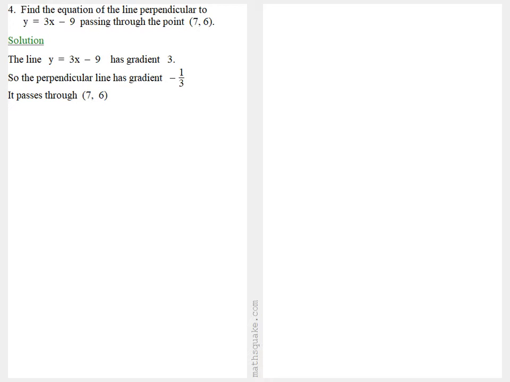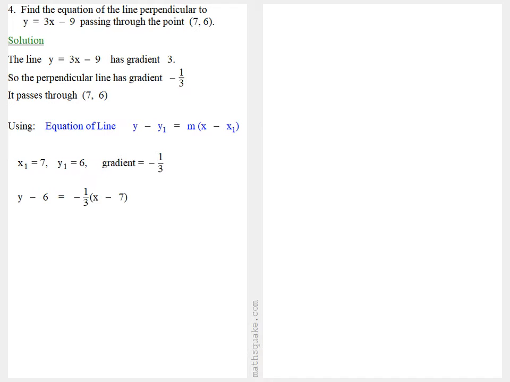And the line passes through (7, 6). So if we use the equation of the line y minus y1 equals m into (x minus x1), the required line has x1 is 7 and y1 is 6, and gradient m equals minus a third. So y minus 6 equals minus a third into (x minus 7).